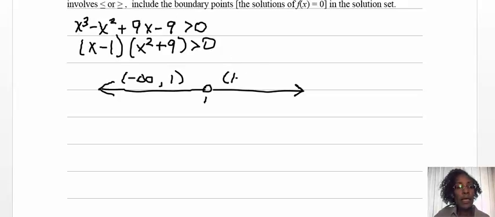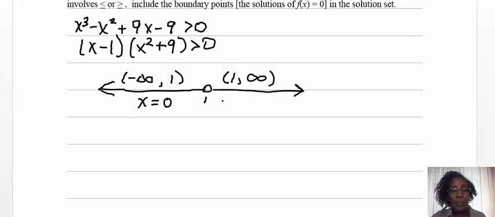Now whenever you set up these test intervals, they never include the boundary points, even if your inequality is less than or equal to or greater than or equal to, because the numbers you want to test here are numbers that are not boundary points.